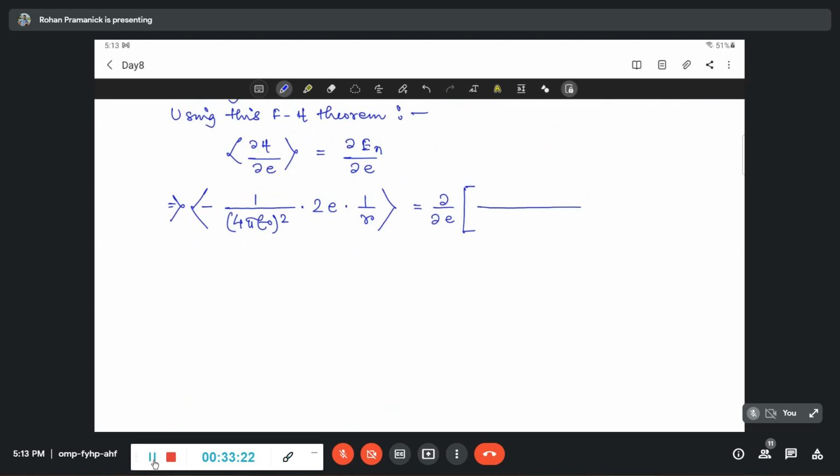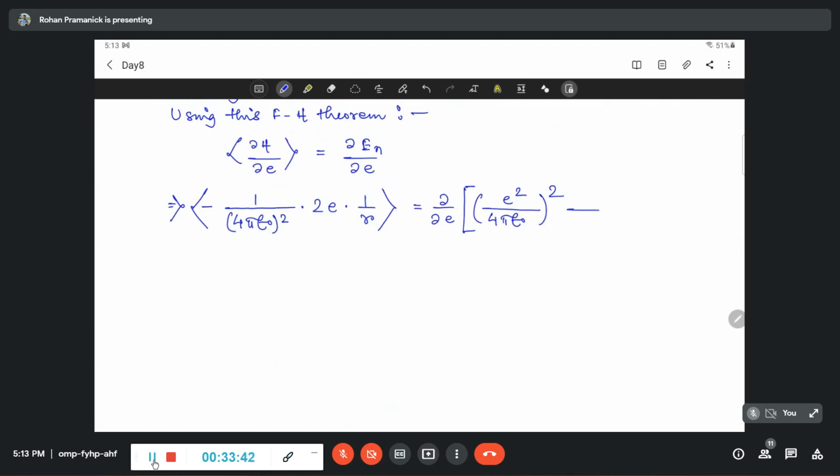Can anybody say what this is? There was a quantity which was going like e squared by 4 pi epsilon 0, a whole squared kind of thing, and you had some h cut. Let's see what the value is.